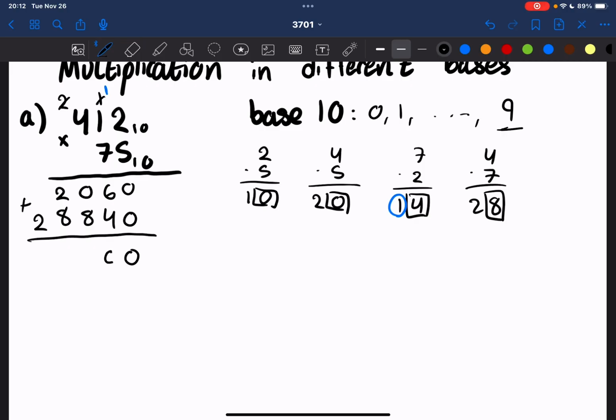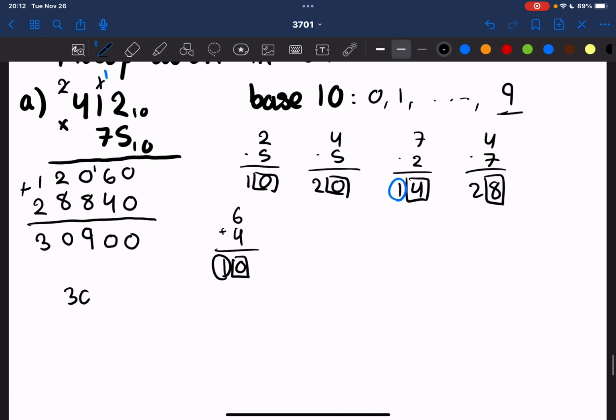But we only take that first digit, put it in, carry the 1. 8 plus 1, that's 9. 8 plus 2, well, same thing as 10, so we take that 0, carry the 1, and then we do 2 plus 1, and that's 3. So the answer, in this case, would be 30900 base 10. We know how to do this, right? But the methodology is exactly the same for the next type of question.